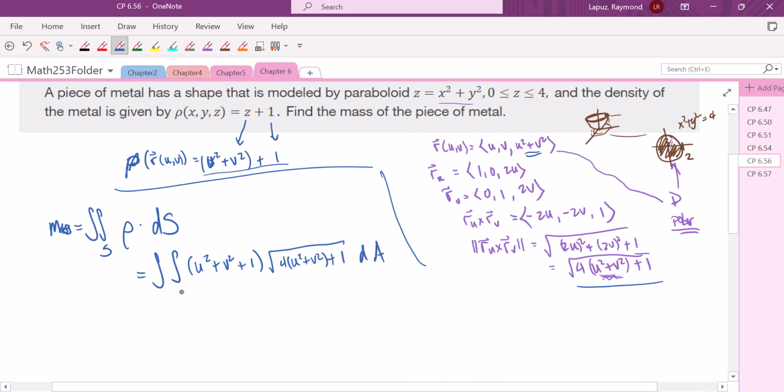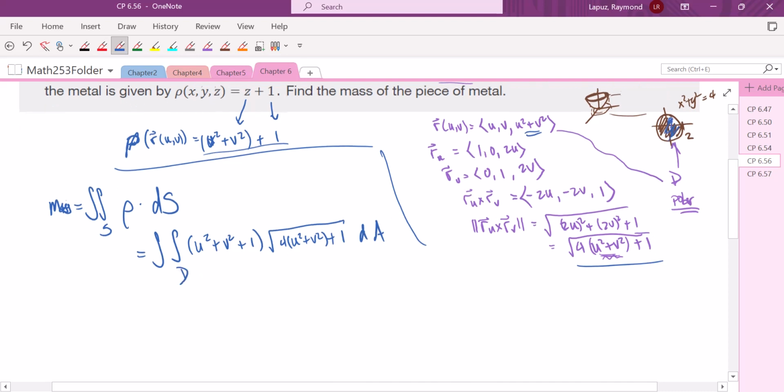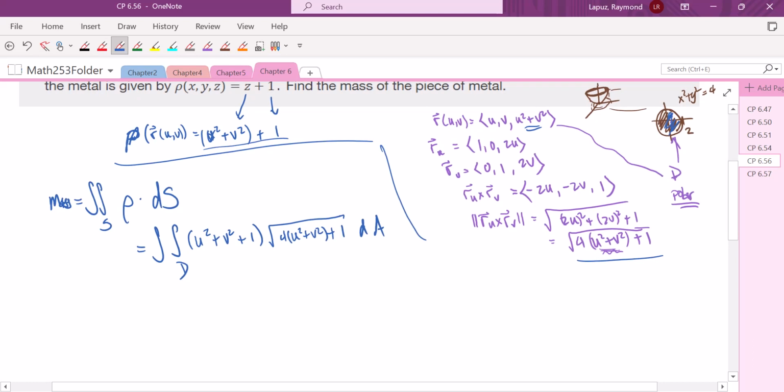So we'll call it dA, but like I said, we probably want to go to polar coordinates here. And so in polar coordinates, we take a look at our r limits going from 0 to 2, and our theta goes all the way around from 0 to 2 pi.